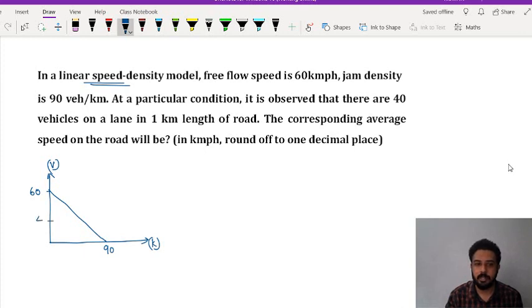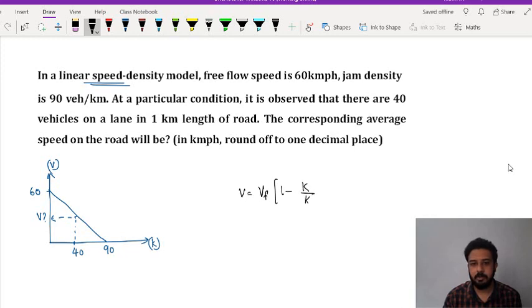If you are putting 40 here, then your complete solution is going to be wrong. So corresponding to 40, what will be that value of speed? We have the equation with us, V is equal to Vf into 1 minus K divided by Kj.